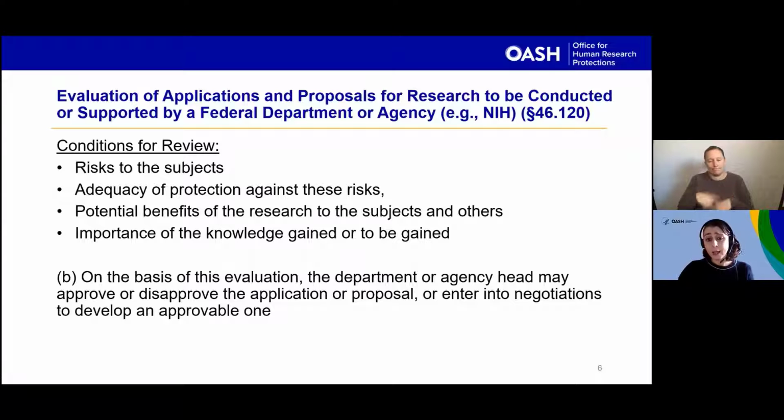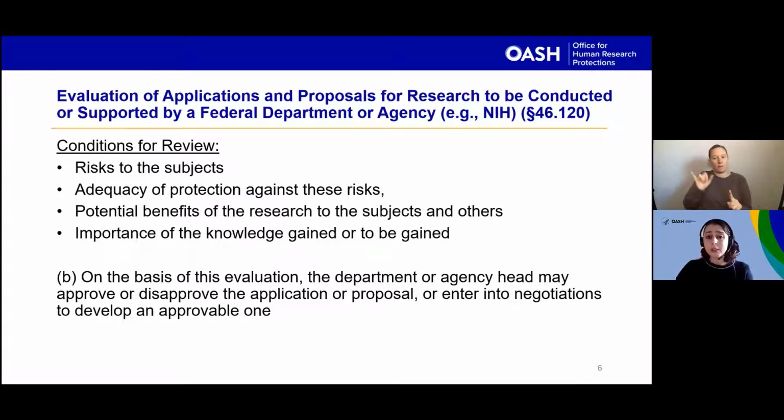When you submit your proposal for NIH funding, if your proposed research will involve human participants, the NIH will, among other things, need to take into consideration the risks to subjects your research may pose, the adequacy of protection against these risks, the potential benefit of the research to the subjects and others that your proposal identifies, and the importance of the knowledge to be gained from your research.